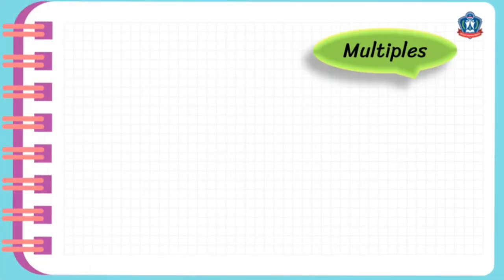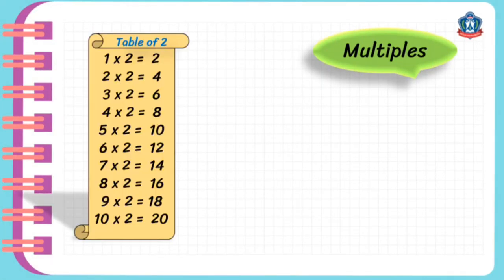Now let's study multiples. Look at here. This is the multiplication table of 2, and the numbers inside the red box are what we call multiples of 2. So we have 2, 4, 6, 8, 10, 12, 14, 16, 18, and 20.